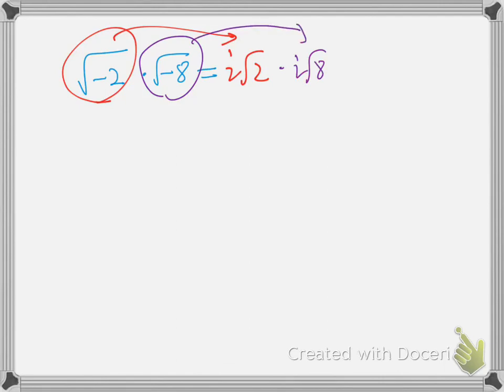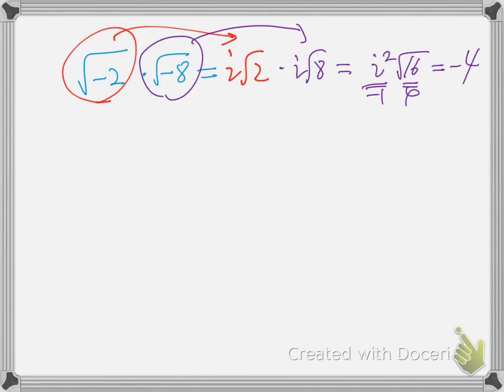So we have a letter i to take care of the negative radicals. That's the multiplication rule. And then we have i squared radical 16. So this is -1, this is 4, so we have -4. This is the most important thing about negative radicals.